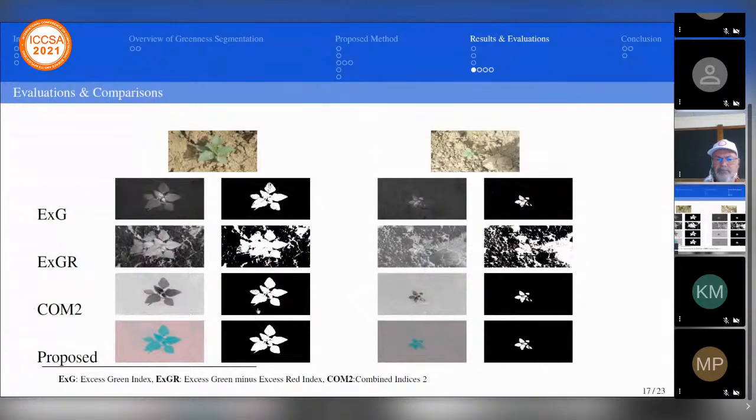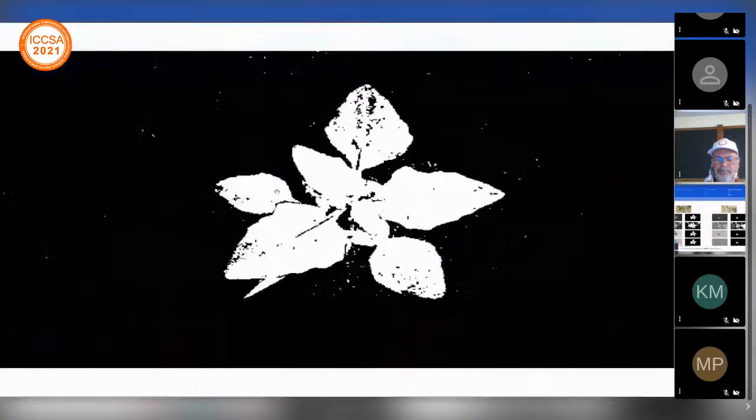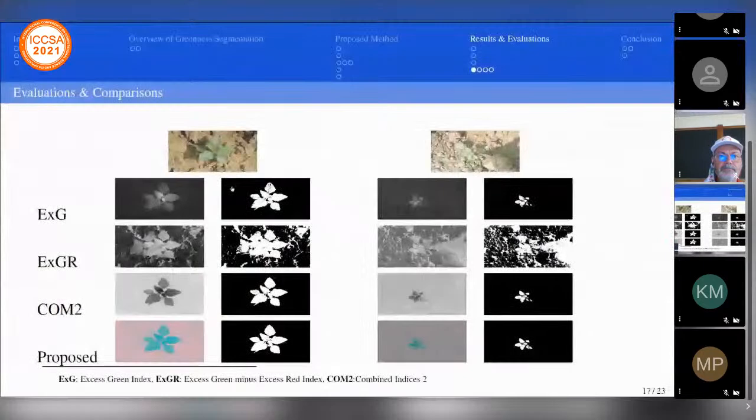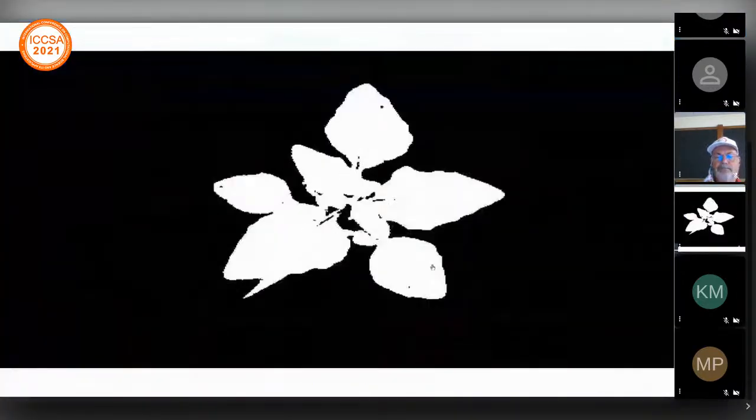Close scene, we know that this is sensitive to some positions in the image where some pixels are highly lit or under low lighting. This is not the case in our algorithm, which segments the plant correctly.